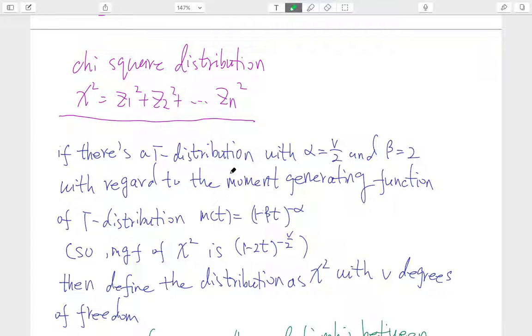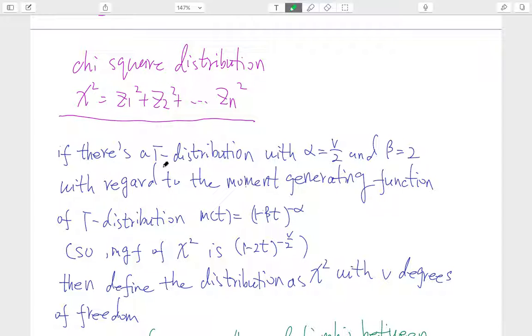It's in my playlist, and you can check it if you wish. So if there is a gamma distribution with alpha equals v over 2 and beta equals 2, the moment generating function of a gamma distribution takes the form like that. I have proved it in previous videos, so just check it.